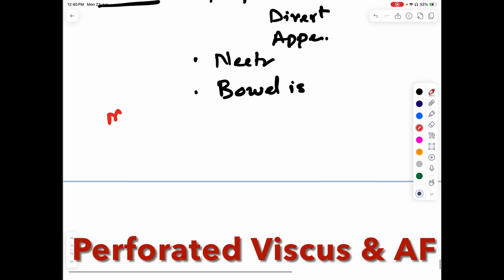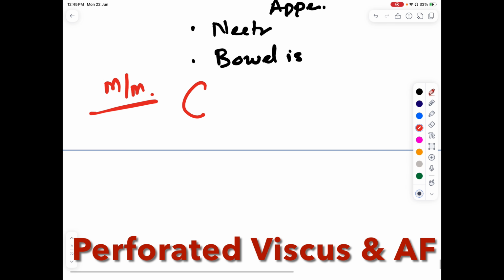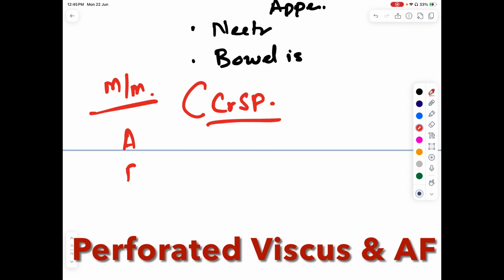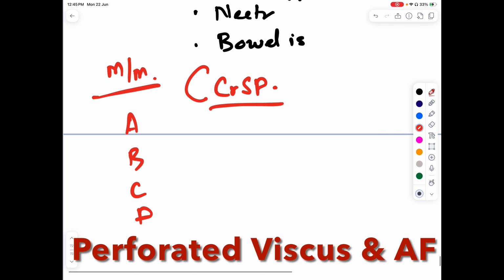So how will you manage such a patient? You get a perforation peritonitis. It has to be managed by the CRISP protocol. So here A, B, C, D again. Airway, breathing, respiration. You have to start oxygen, high flow oxygen, keep the patient nil by mouth.